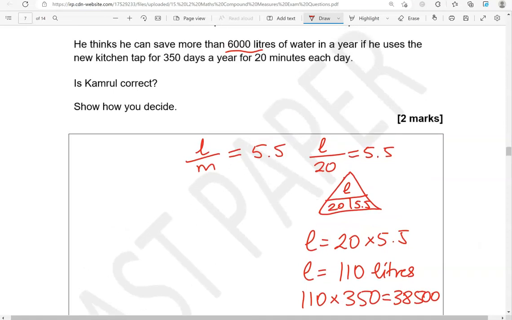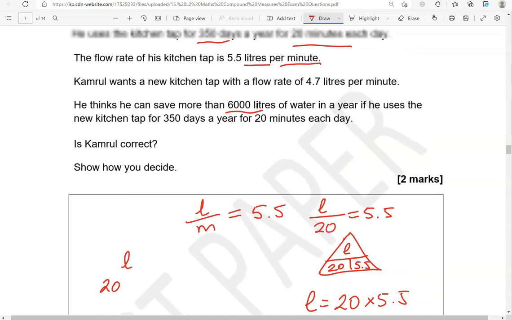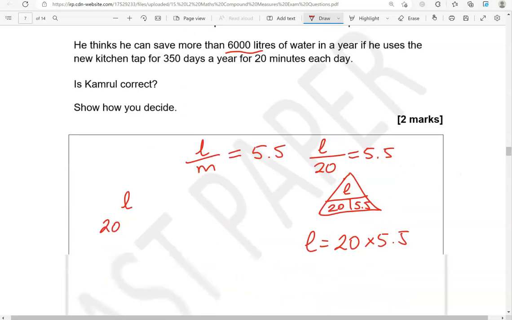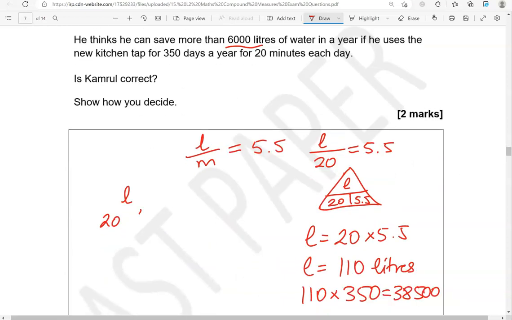Let's repeat this process now with a new flow rate. So we've got L, which we're going to work out, number of liters. We've got 20 minutes still, and the new flow rate, that is 4.7 liters per minute.